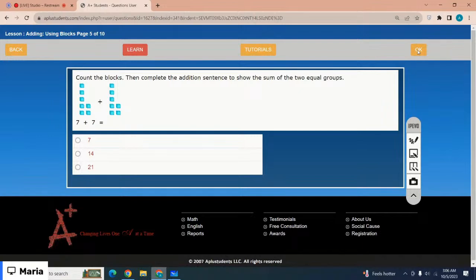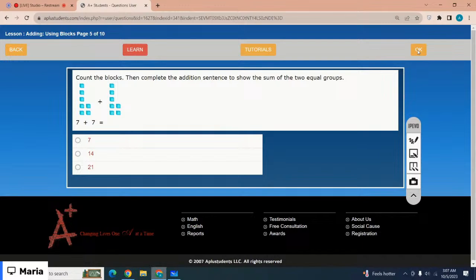Okay, count the blocks, then complete the addition sentence to show the sum of two equal groups. 7 plus 7 equals. So you are given two groups, right? The groups have the same number of blocks, right? So 7 plus 7 makes, you need to count them all together.